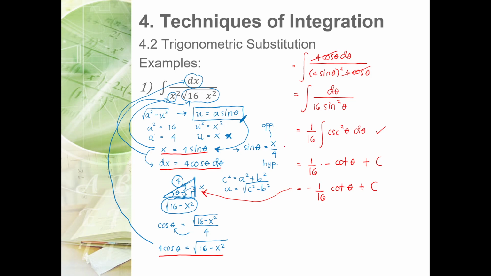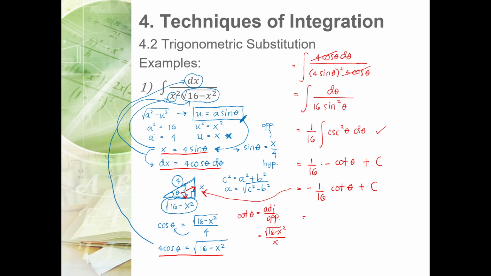As per definition, cotangent theta is equivalent to the adjacent side all over the opposite side. Notice that the adjacent side of the angle is the square root function, and the opposite side is the x value. So that will be square root of 16 minus x squared all over x.